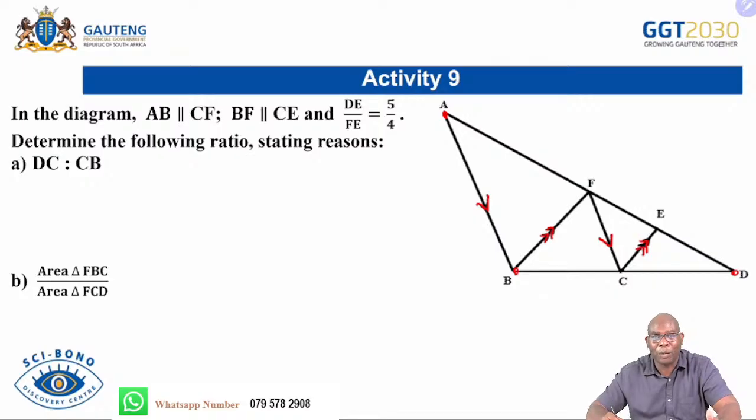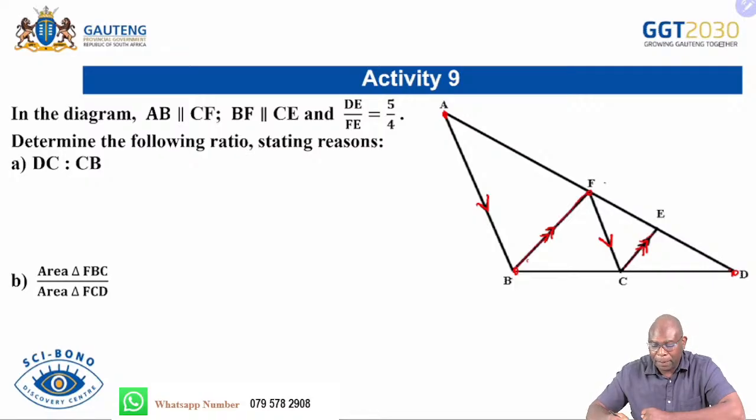Again, in which triangle am I working with? I'm working in triangle BFD. So it is very important that you identify the triangles that you're working with in those parallel lines. So we can see in the triangle BFD, we have these two parallel lines.